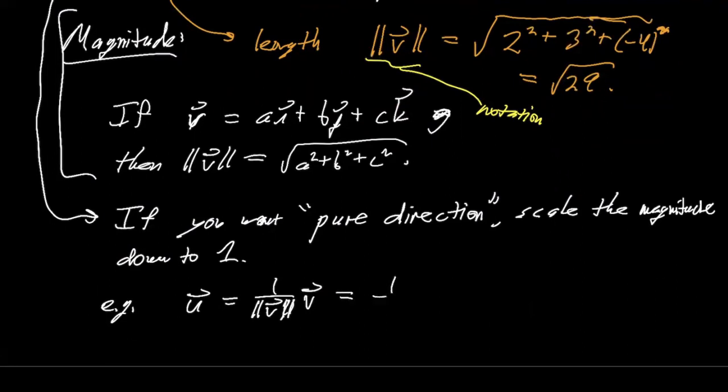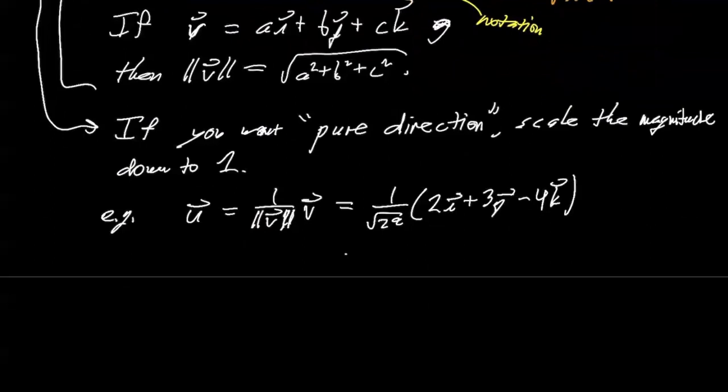And then we found 1 over root 29 times 2i plus 3j minus 4k. You could say that's 2 over root 29, right? We can scale component-wise.